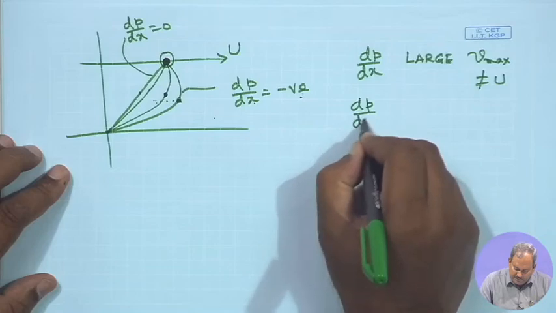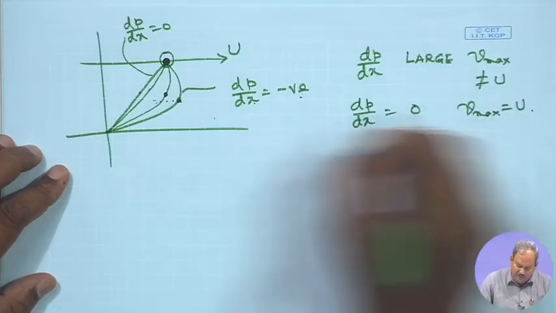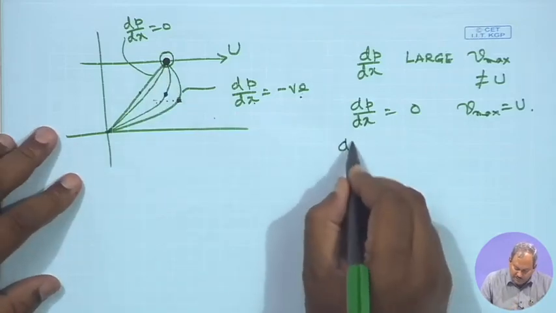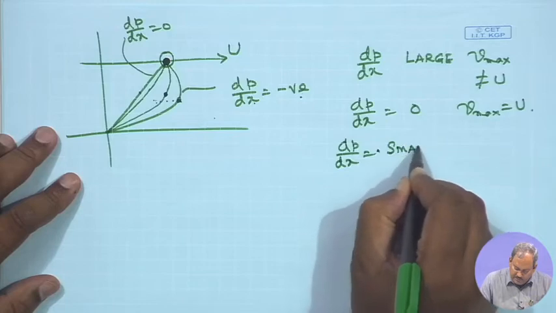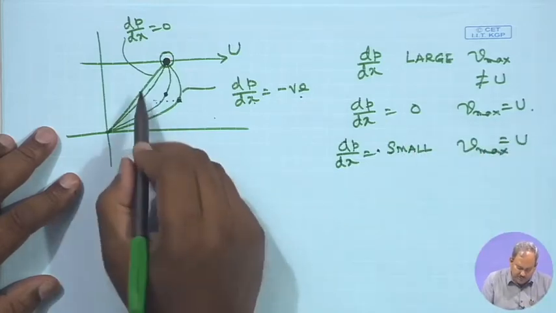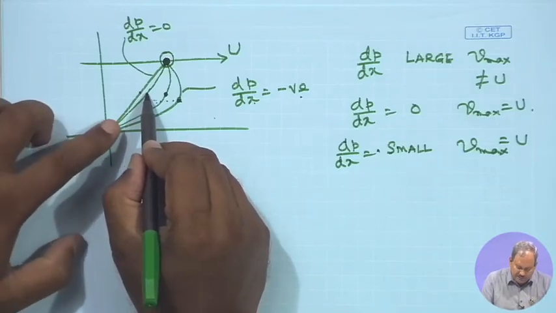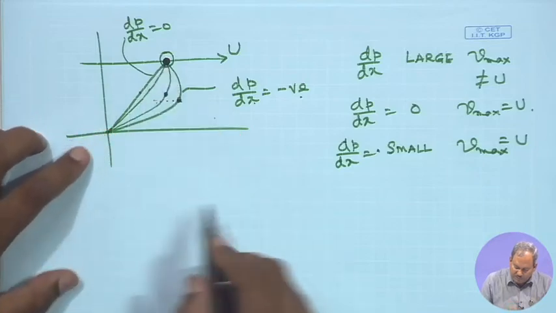When dp dx is 0, your Vmax is equal to u, that is over here. But when dp dx is small, it may be possible that Vmax is still equal to u, which is this case. dp dx is small, but you still have the Vmax at the top.